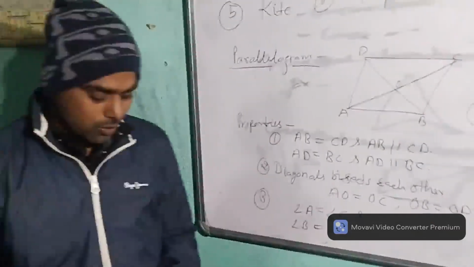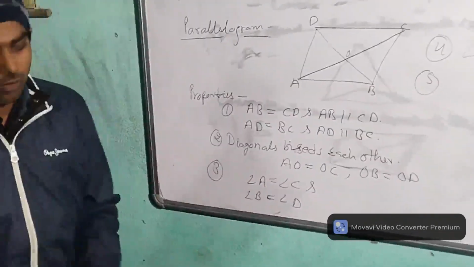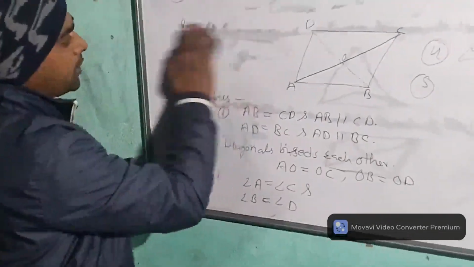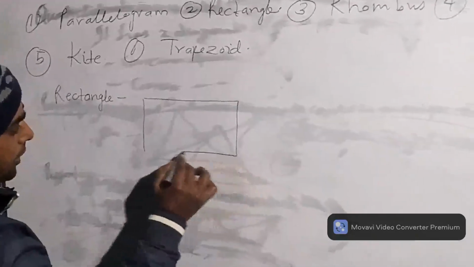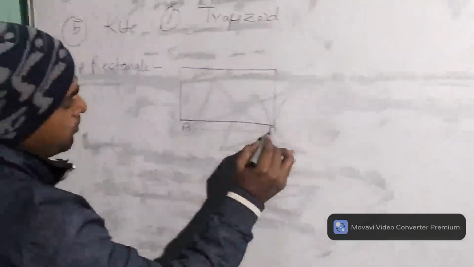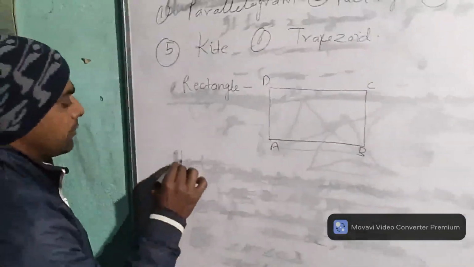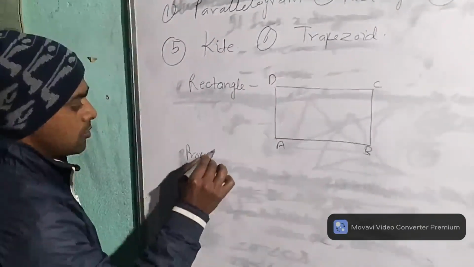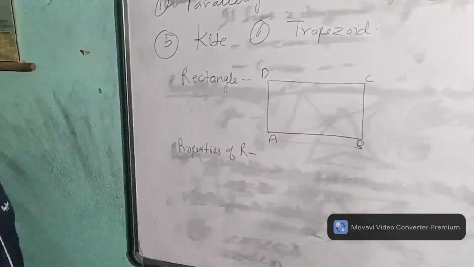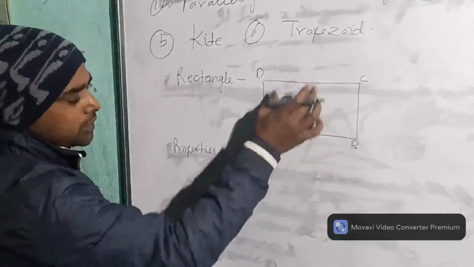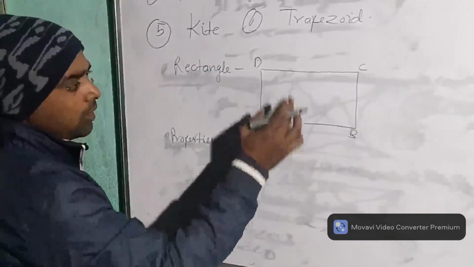And now rectangle. We have to know about the properties of rectangle. This is the rectangle A, B, C and D. Properties of rectangle: opposite sides of the rectangle are equal and parallel.